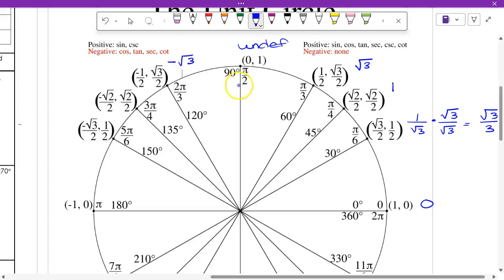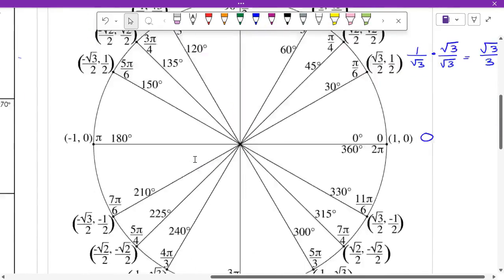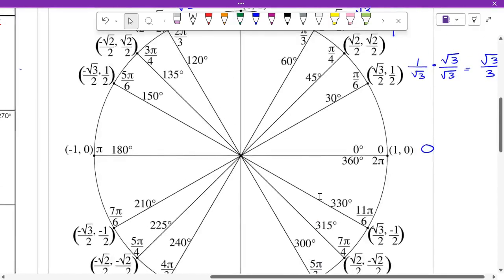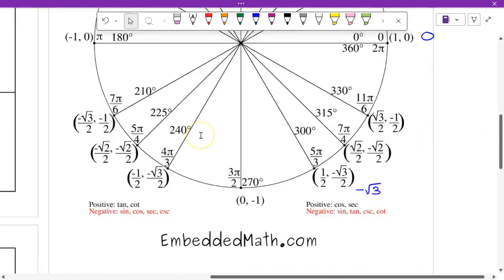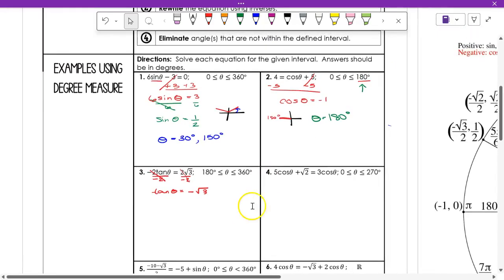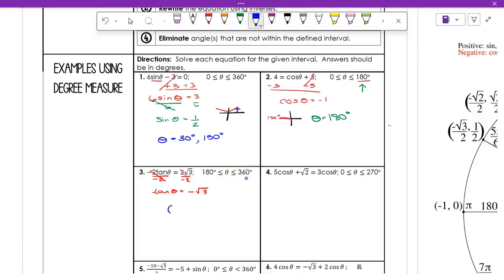I'm also going to get a negative square root 3 in my fourth quadrant, right here. So I'm looking at either 120 degrees or 300 degrees. Let's go up here, and what were my restrictions? It had to be 180 to 360. So that means my answer is going to be 300 only.